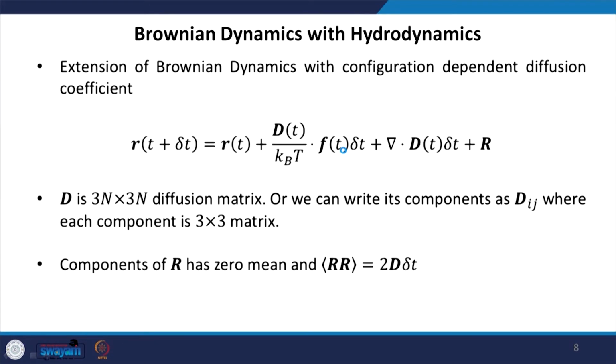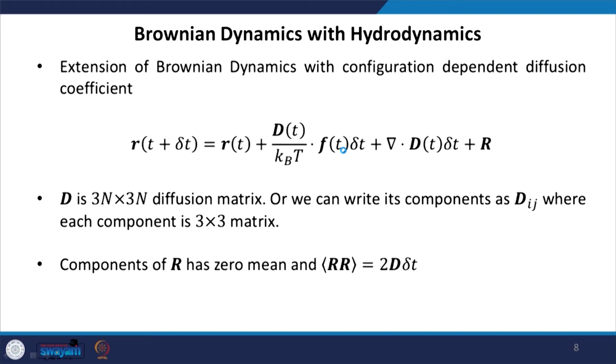So, until now we have accounted for only two effects of the solvent. One is the friction offered by the solvent, and the other is the thermal motion of the solvent, or the collisions of the solvent with the solute. But in many cases, particularly in non-equilibrium scenarios, the hydrodynamic interactions are also very important, and in that case we have to revise the Brownian dynamics scheme to also account for the hydrodynamic interactions.